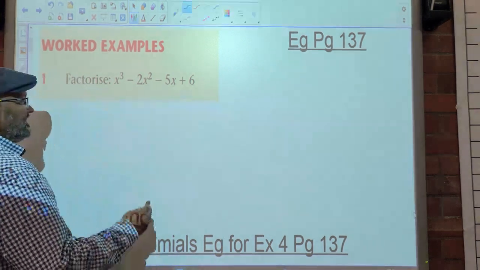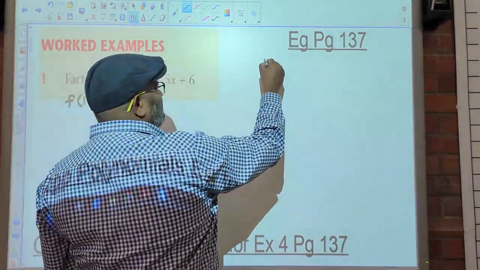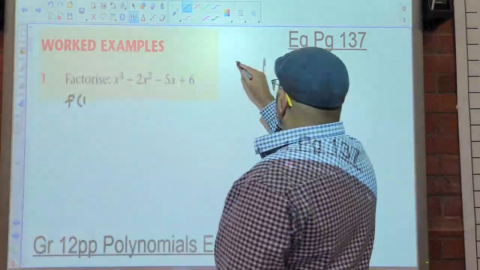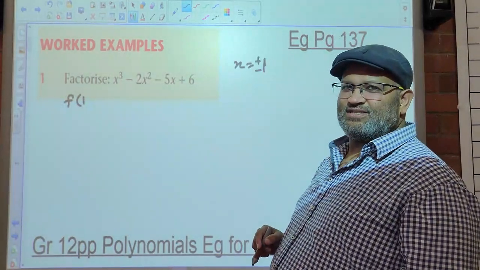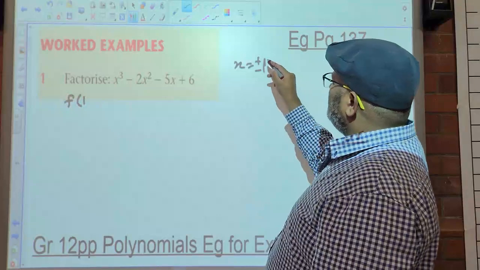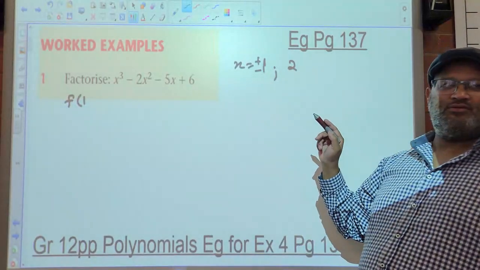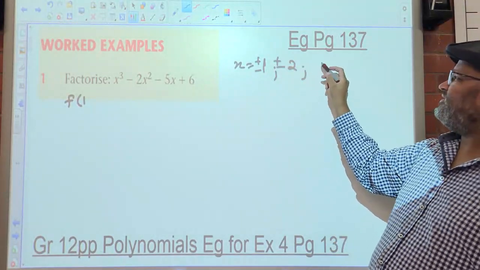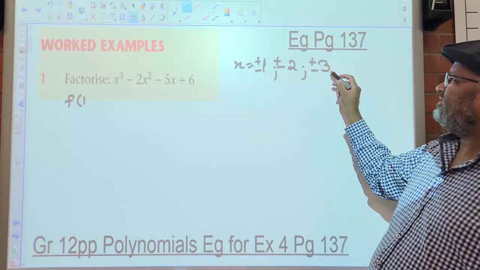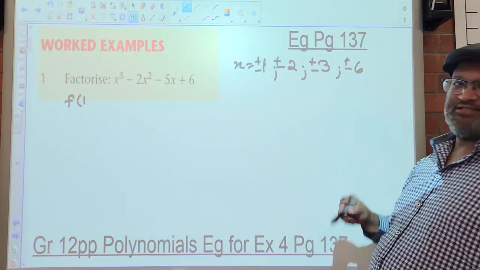We start by saying f of 1. We test when x is equal to 1. Then we test minus 1. If 1 and minus 1 don't give you 0, then you go with 2, and then minus 2. If that doesn't work, then you go with 3, and then minus 3. That doesn't work, 6 and minus 6.